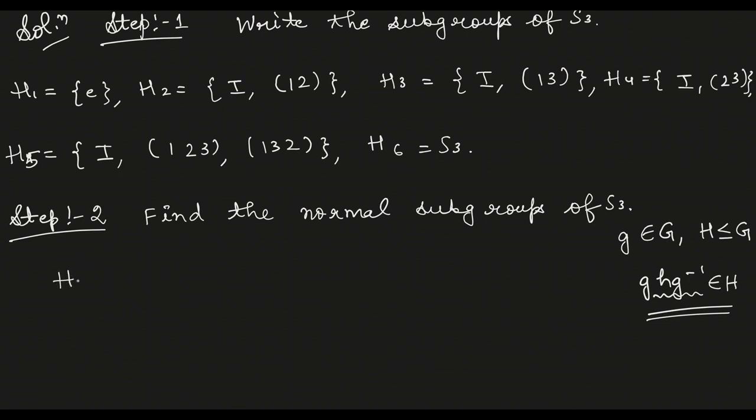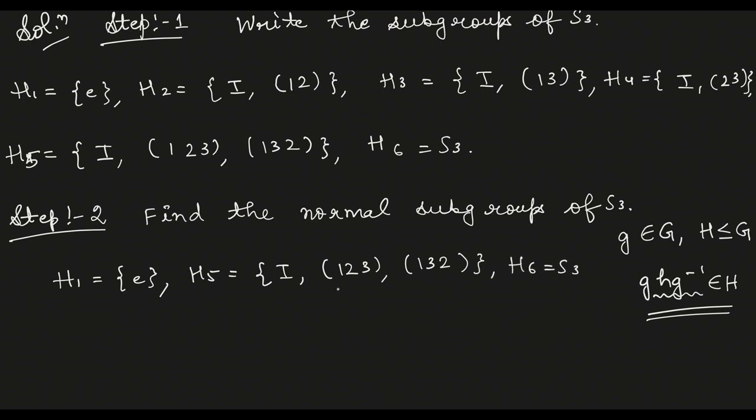So the normal subgroups here will be H1 = {identity}, H5 = {identity, (1 2 3), (1 3 2)}, and H6 = S3. Basically, if I want to see whether H5 is normal or not, I will take (1 2 3), which belongs to H5, and an element from group G also.